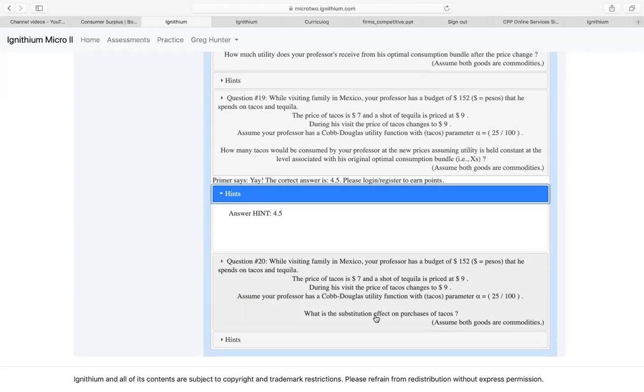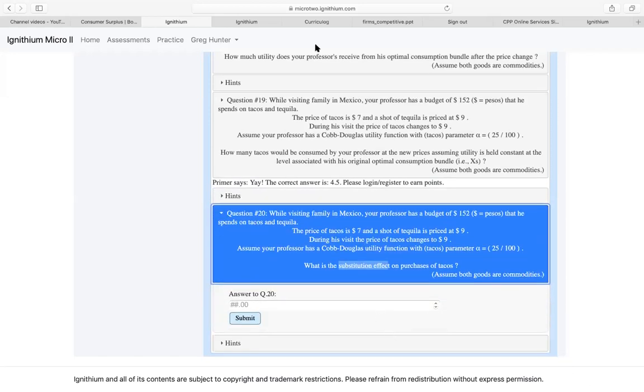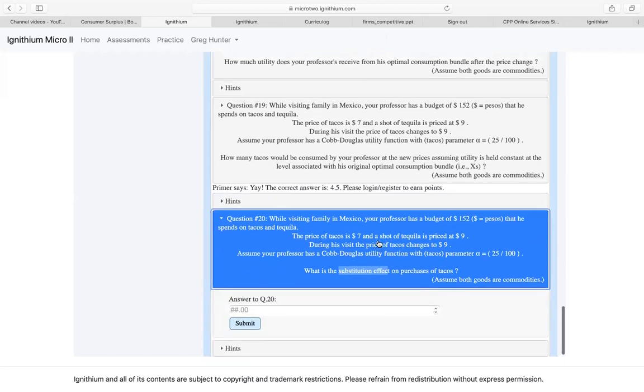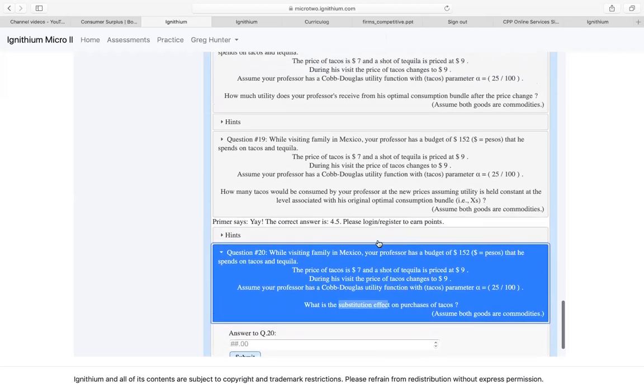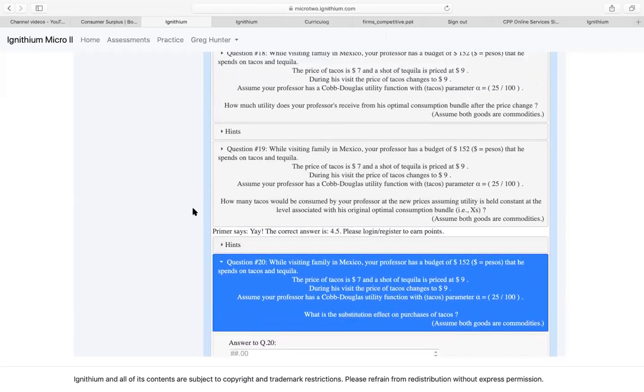So even though they're only asking about the substitution effect here, that's only one part of our problem. We want substitution and income effect. If you have to illustrate them both, then you want to know that, okay, I got the substitution effect.